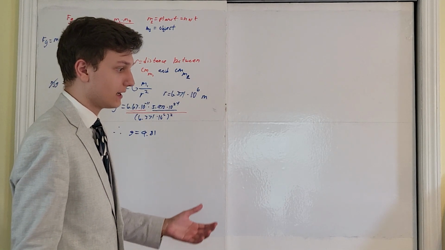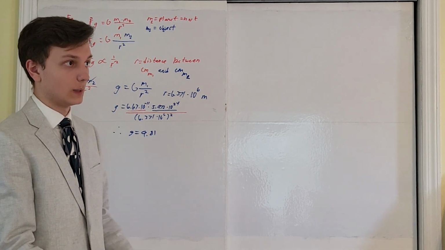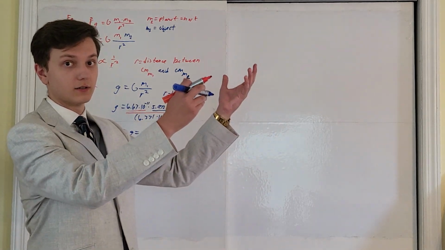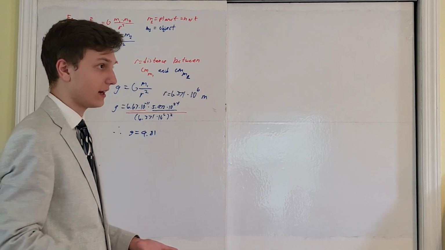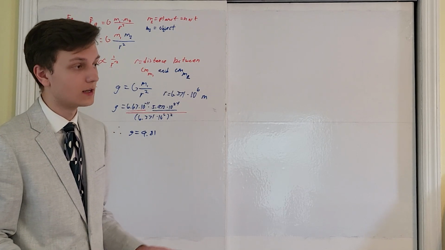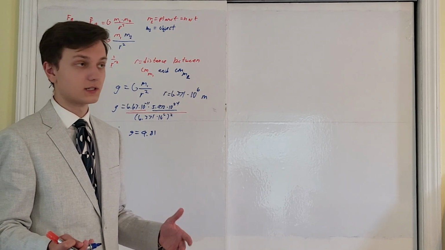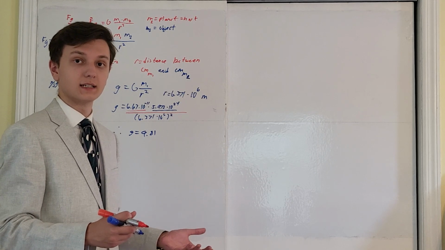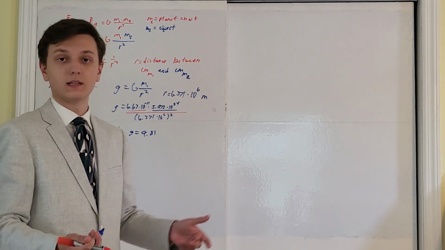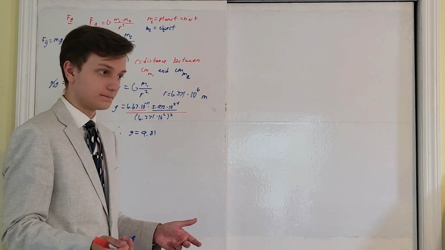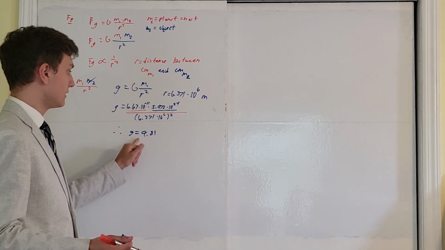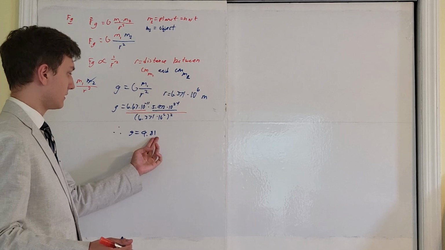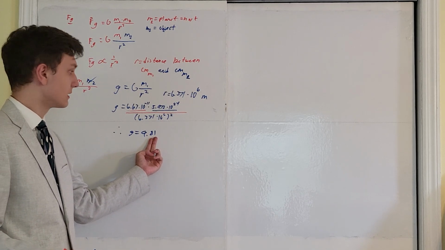So if I raise my marker up by another 100 meters, 100 meters is absolutely insignificant compared to 6 million meters. So 100 meters plus 6 million meters is approximately 6 million meters. Therefore, the value of g does not change if you only consider the first 2 decimal places.